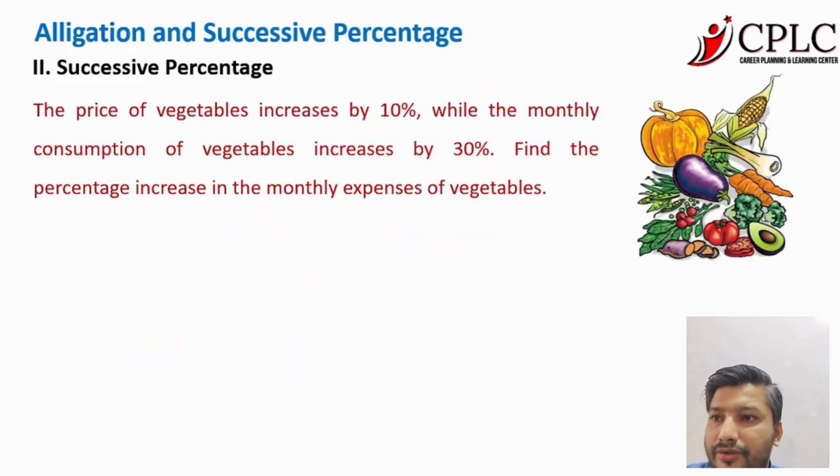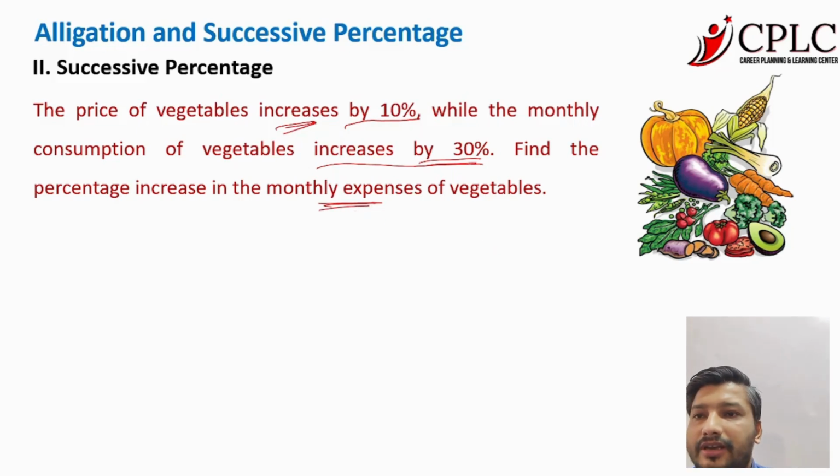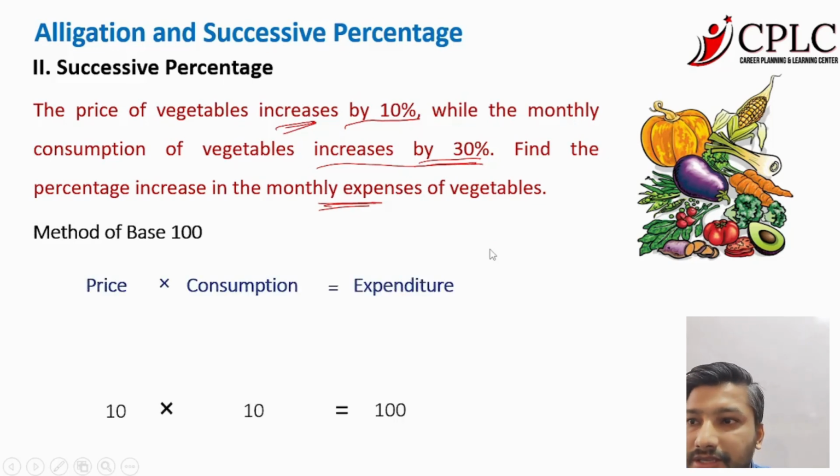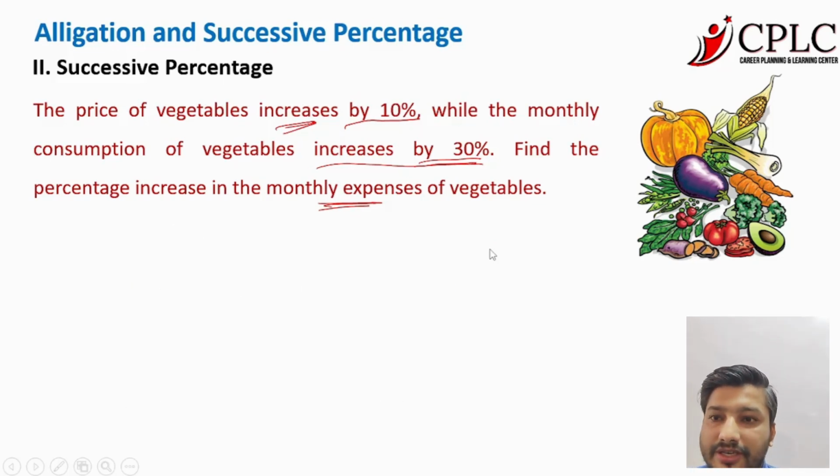Now moving on to the next idea. Let's try this question, which says the price of vegetable increases by 10%, very important, and the monthly consumption of vegetable also increases by 30%. Find the percentage increase in the monthly expenses of the vegetables. Again, very clearly you can see that there are two percentage numbers.